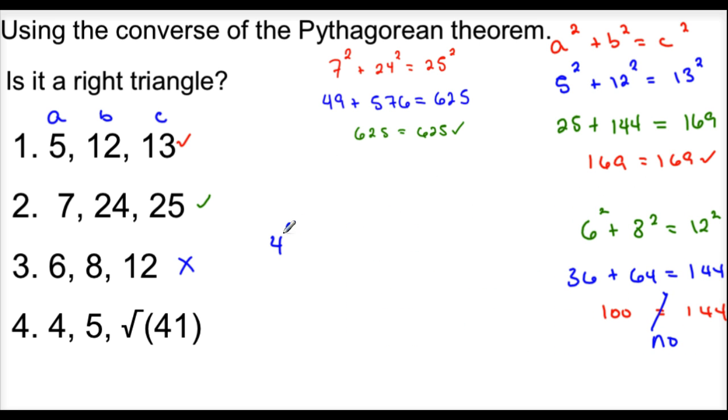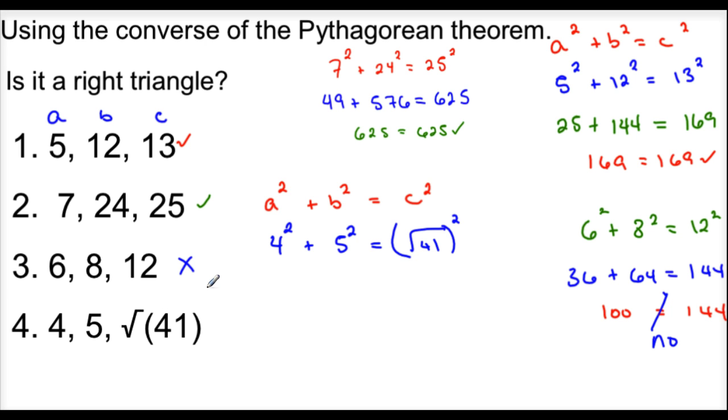Does 4 squared plus 5 squared equal the square root of 41 squared? So again, does a squared plus b squared equal c squared? The square root could throw you off possibly, right?